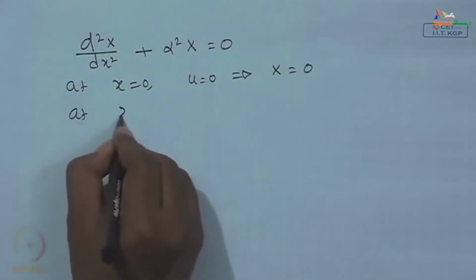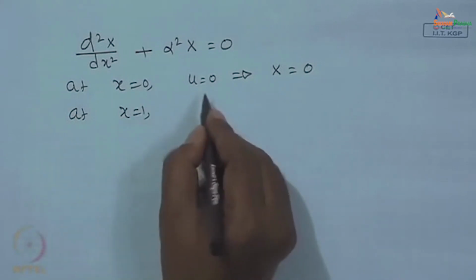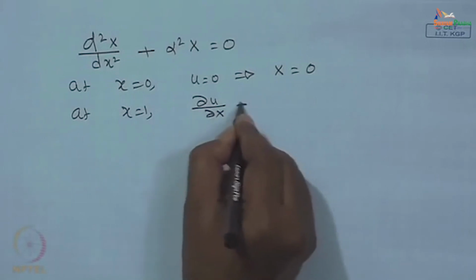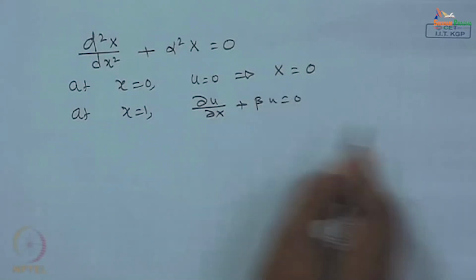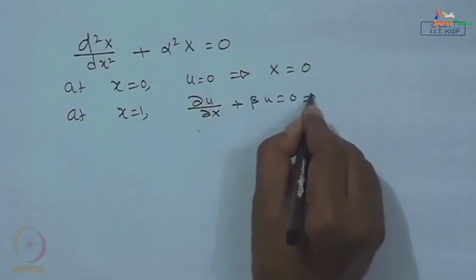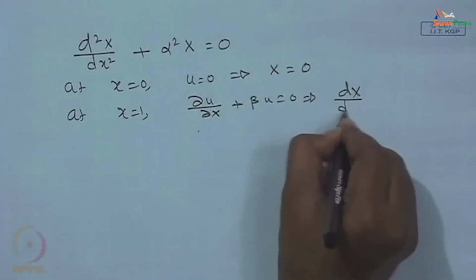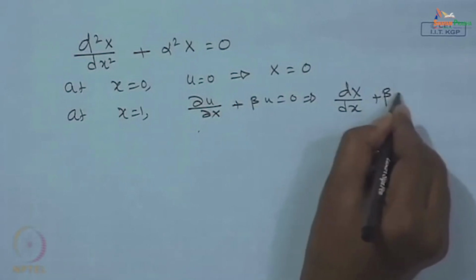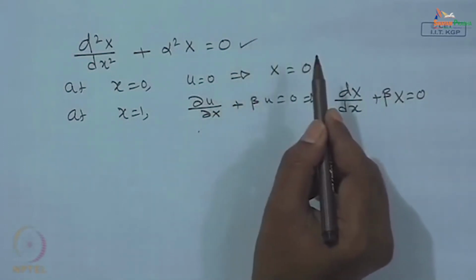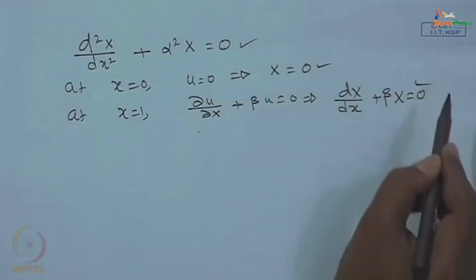So, at x is equal to 1, you had del u/del x plus beta u is equal to 0. Put u is equal to T into X. So, this becomes, at x equal to 1, dX/dx plus beta X is equal to 0. So, you have the standard eigenvalue problem with homogeneous boundary conditions.